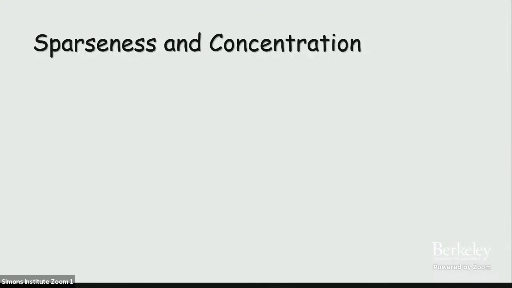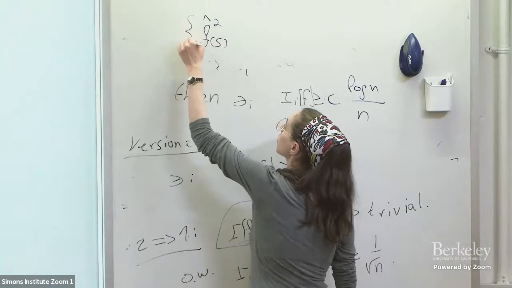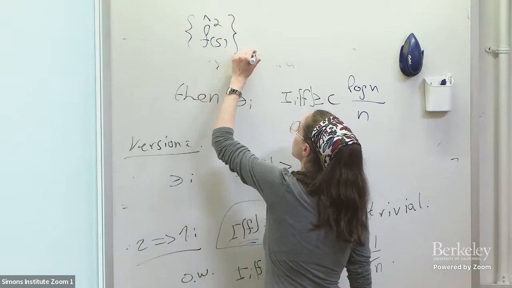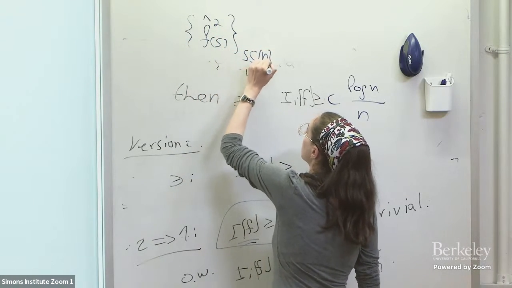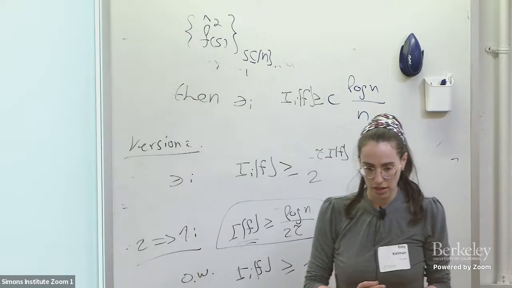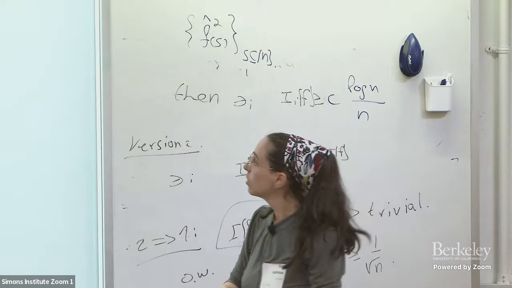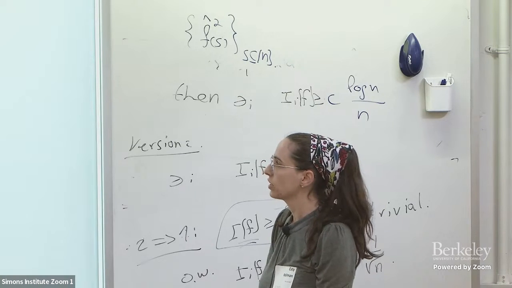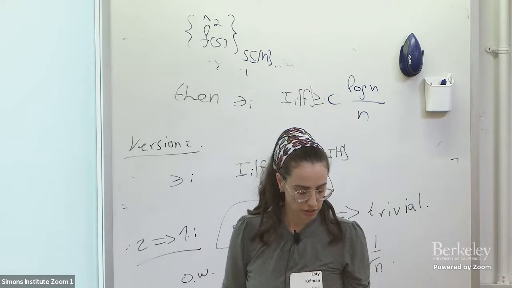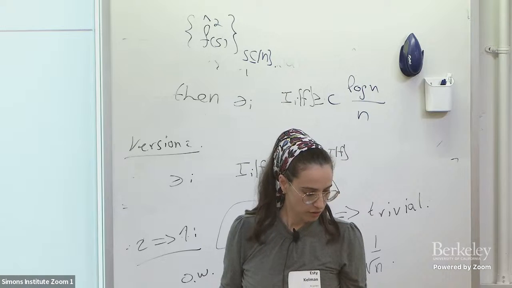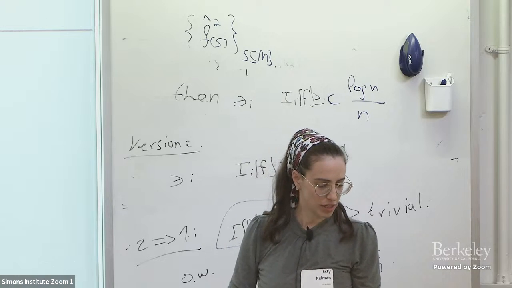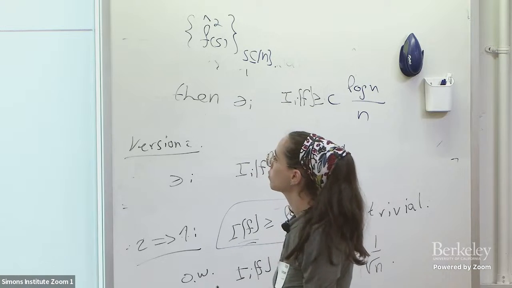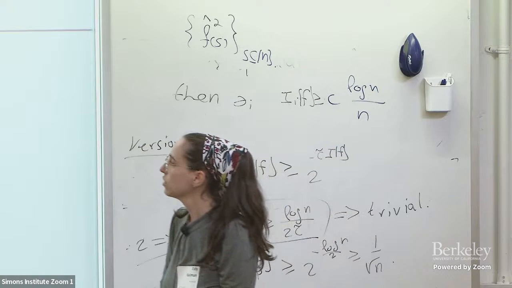We consider the Fourier characters of a Boolean function as a distribution, a set of probabilities, and we want to talk about sparse functions and concentration, and we'll see why it's important. Let's define what a Fourier sparse function is.